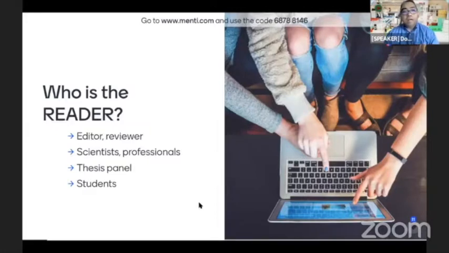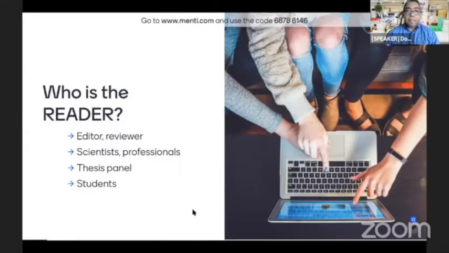Whether that is a journal article or a thesis manuscript, some of the students would like to look into your paper and see if they can repeat or reproduce the procedures, if they can modify the study or add some more experiments regarding the study. So, all of these things, kailangan iisipin natin na sila yung magbabasa ng inyong manuscript.